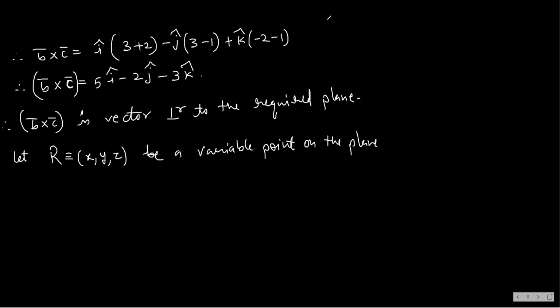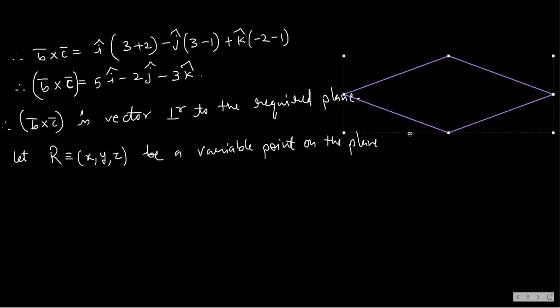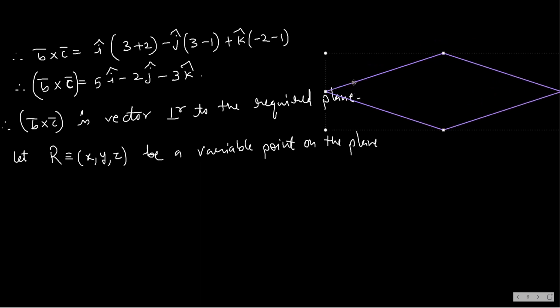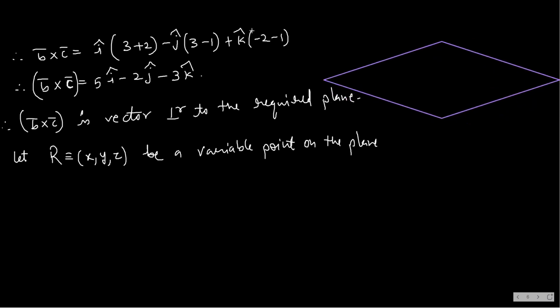See how things are going to go ahead. You have a plane. On this plane, you have a point A, and you have a perpendicular vector. B bar cross C bar is your normal vector here. This is the perpendicular vector.